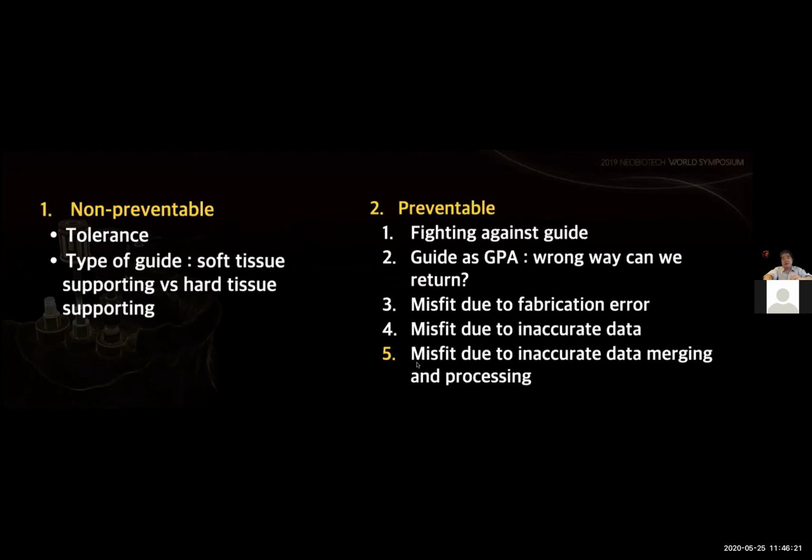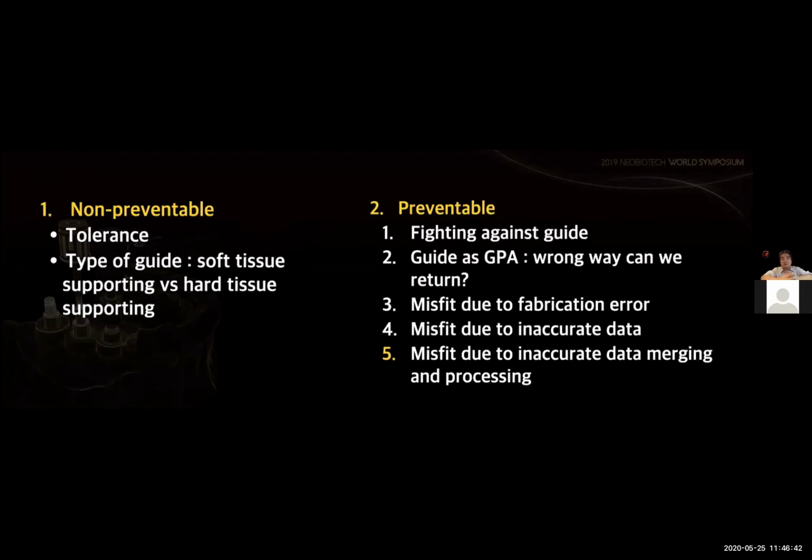So now, when I look back at all the possible errors, I can tell you what is non-preventable and what is preventable. There is always a tolerance between those components, and between guide and tools. And also the type of the guide.